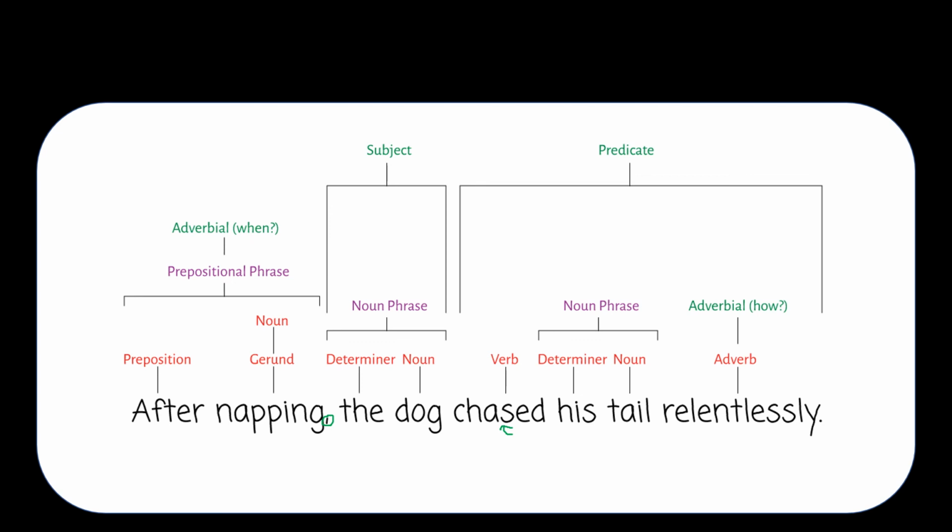His tail is a determiner and a noun, which becomes a noun phrase. This happens to be the object of the verb. Relentlessly explains how it happens, so it's an adverbial. The predicate begins with the head verb, any objects, and any adverbials that come after it. So now we have an adverbial separated by a comma, and then the subject and the predicate. So again, we have a simple sentence.